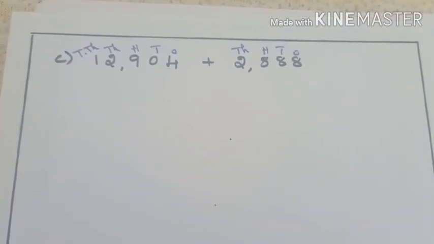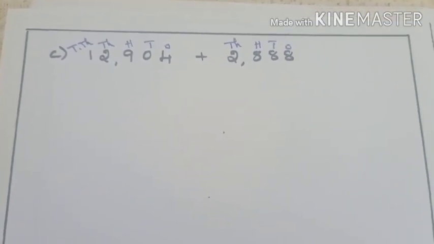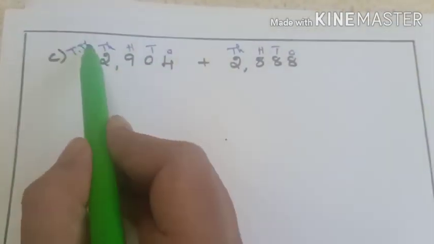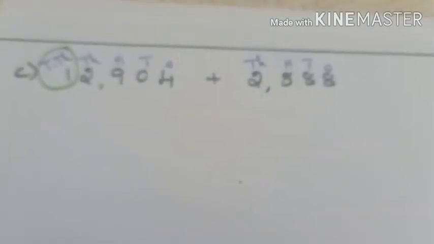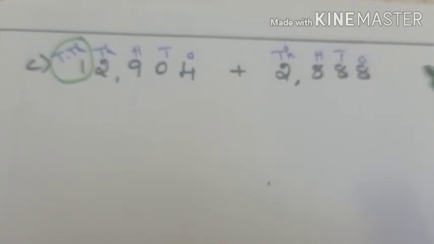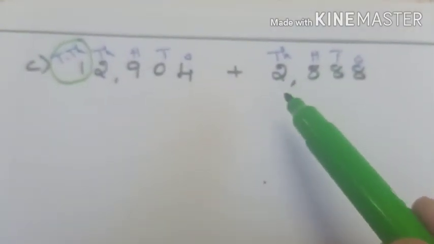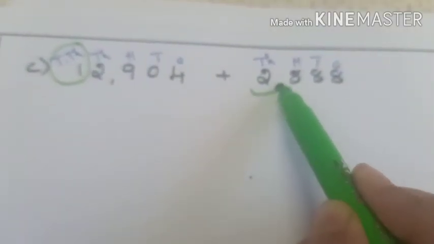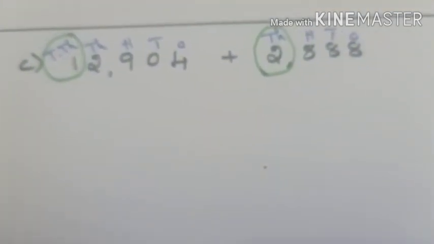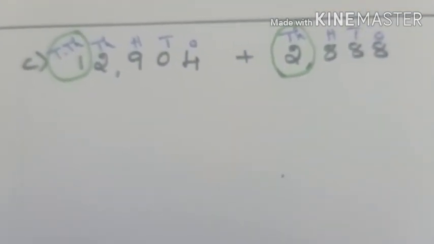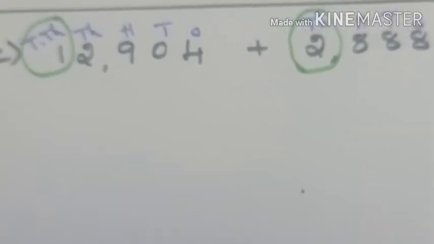Fine. First check the highest place value. Here the highest place value is 10,000, and here the highest place value is 1000. What is the number in the thousands place? It is 2, and in the 10,000s place it is 1.